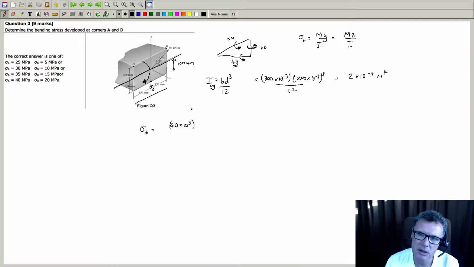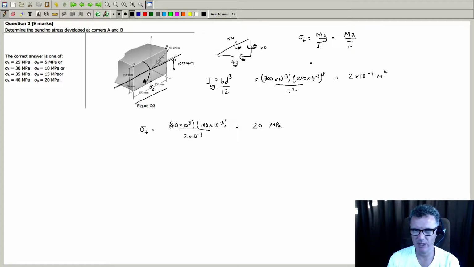The Z distance will be 100 millimeters. And the IYY term will be 2 times 10 to the minus 4. And that works out to be a stress of 20 megapascals.